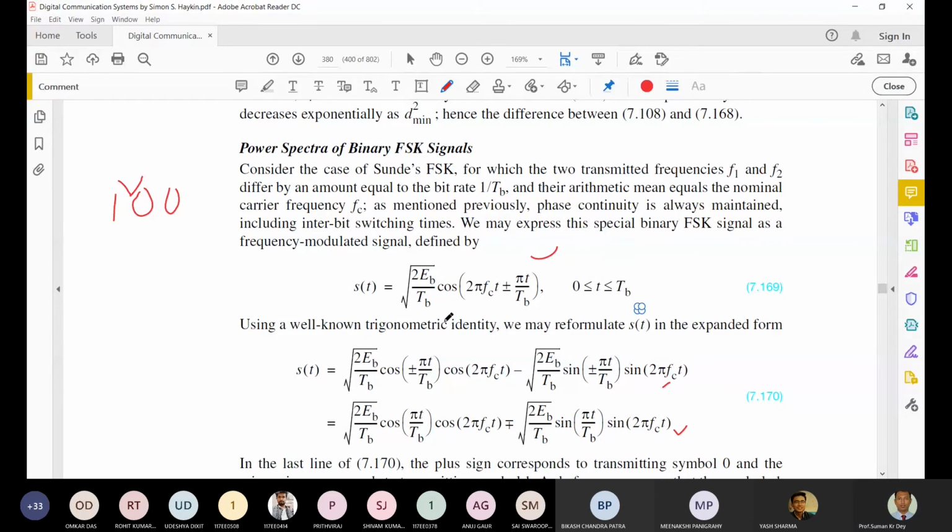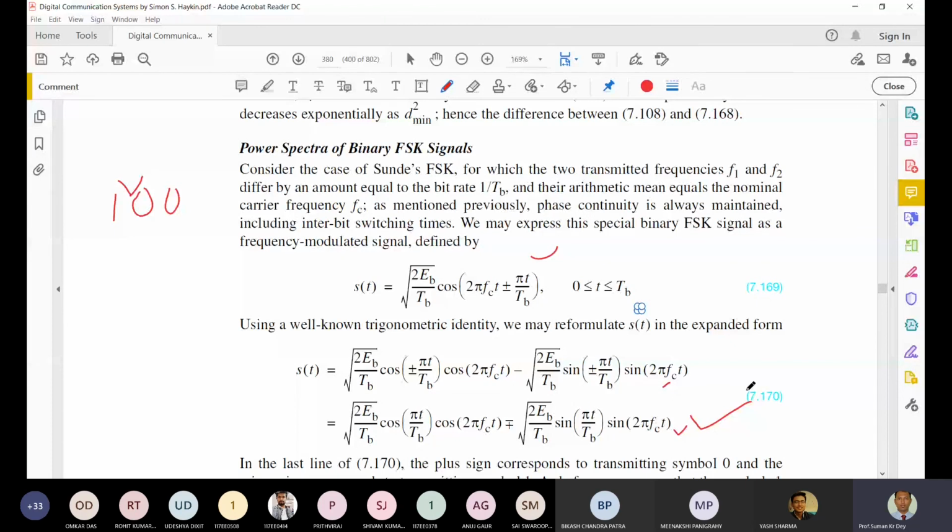Looking at the last line, there is a plus or minus sign.